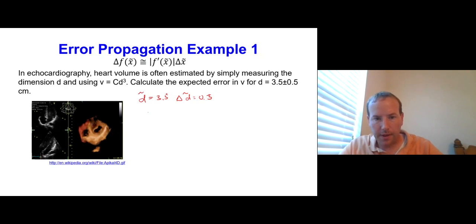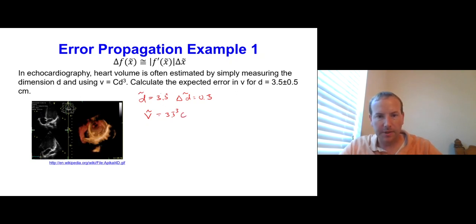Okay, and then given our equation for volume right here, we'd say that the volume is 3.5 cubed times that constant.